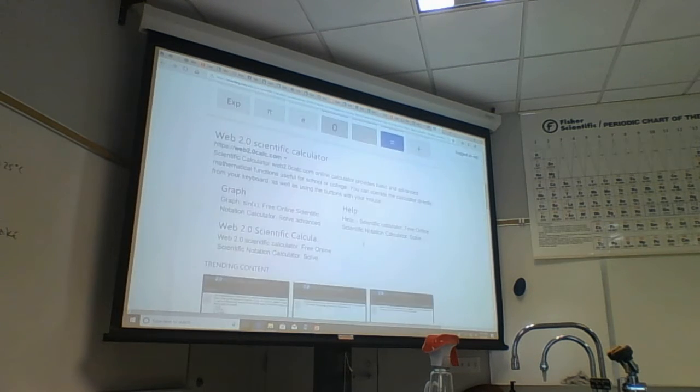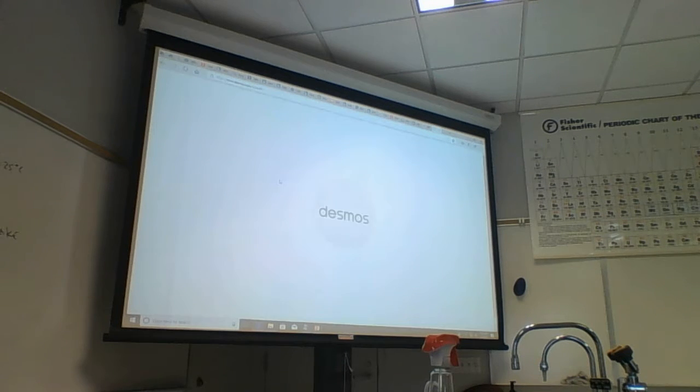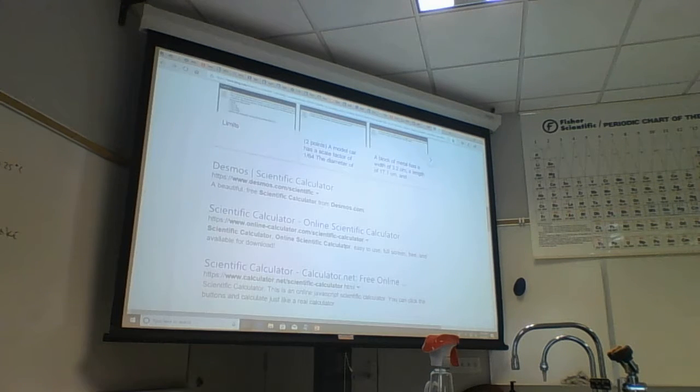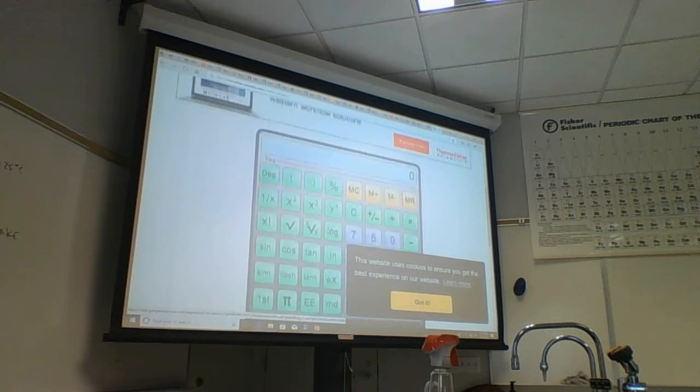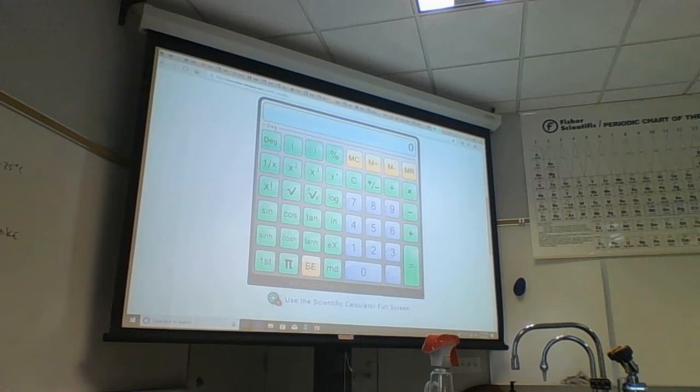Let me find a different one. Okay, this is it. Here's the double E key. And so you would use this.